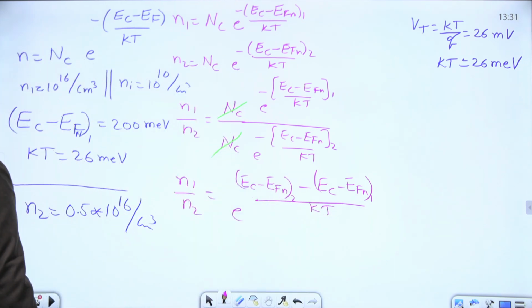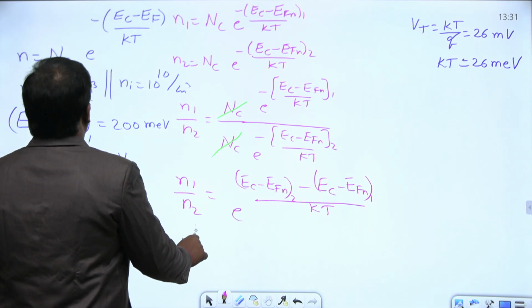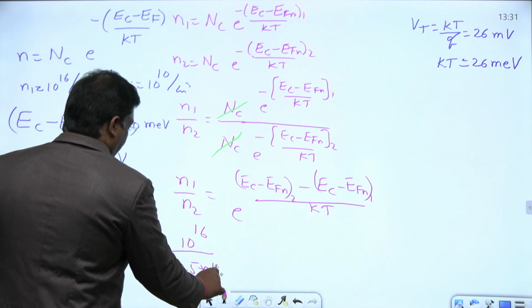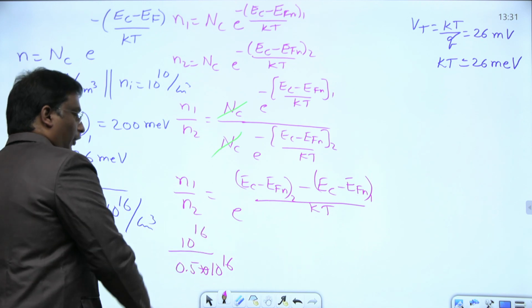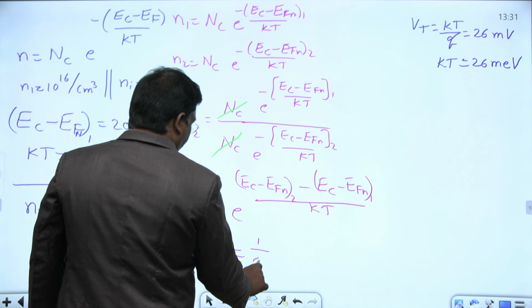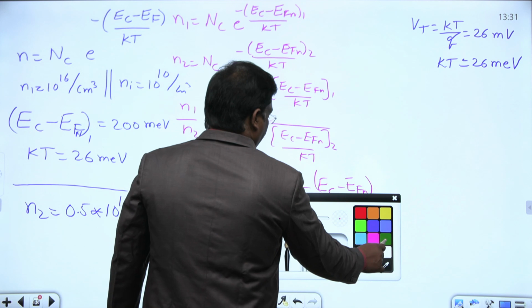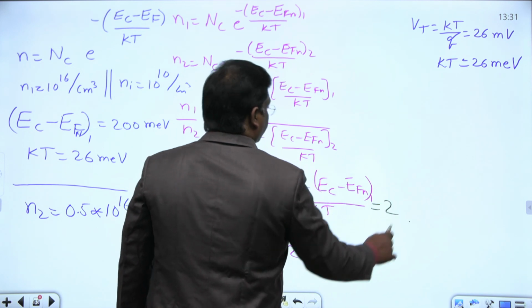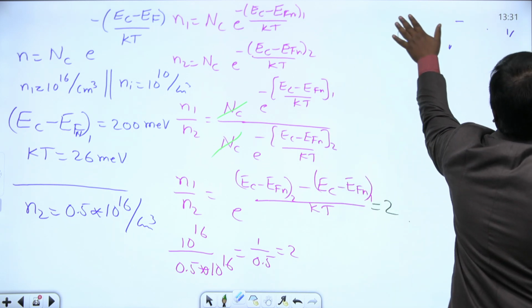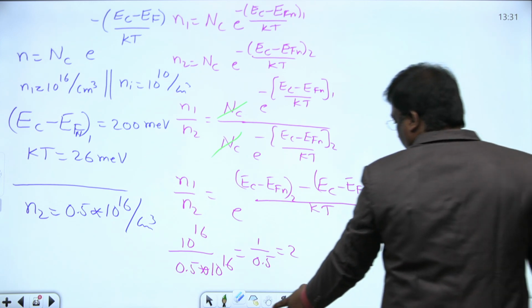Let us substitute N1 as 10 power 16 and N2 as 0.5 into 10 power 16. Cancelling, 1 by 0.5 is 2. Therefore this value equals 2.